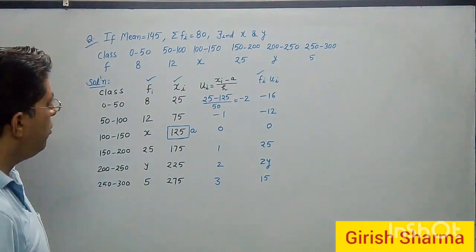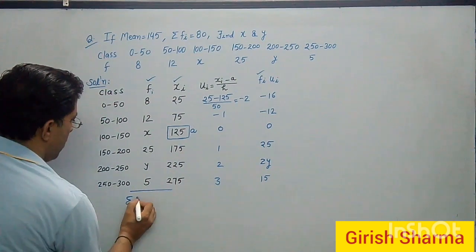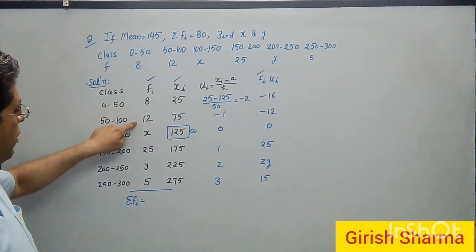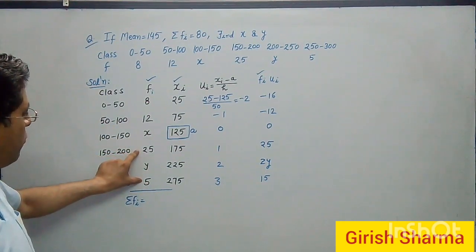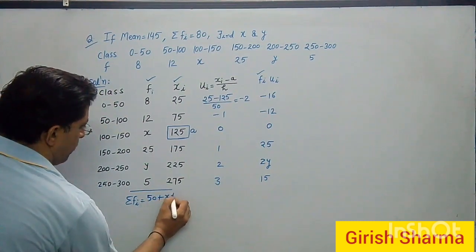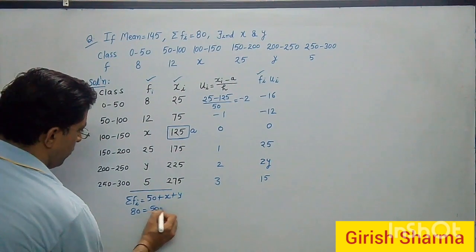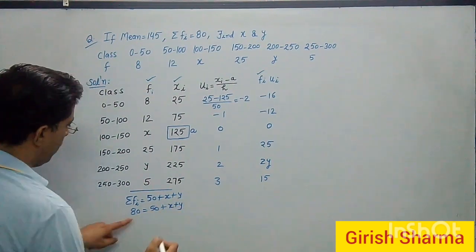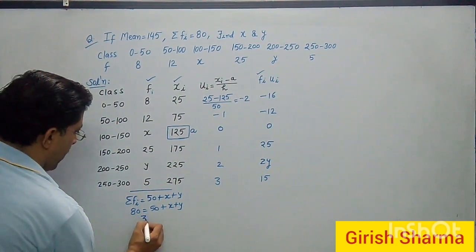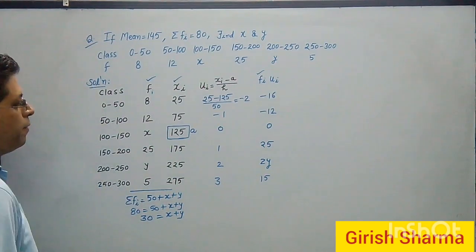Then you have to find the sum of all frequencies, sigma fi. 8 plus 12, 20, 20 plus 30, 50, 50 plus x plus y. The sum of frequencies given to you is 80. I have written 80 from here. If you subtract it, you can get directly 30 is equal to x plus y.